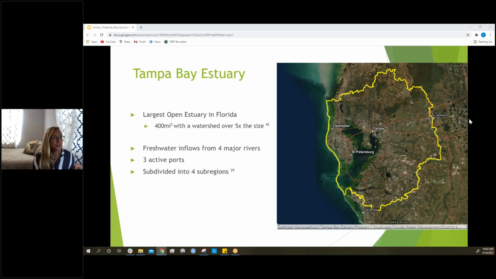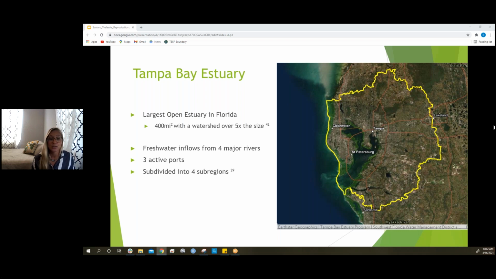Just to reorient you all to where we are in the world, the Tampa Bay Estuary extends about 400 square miles and has a watershed of about 5 times the size. It receives fresh water from many creeks and streams, as well as 4 major rivers, including the Hillsborough, Manatee, Alafia, and Little Manatee River.